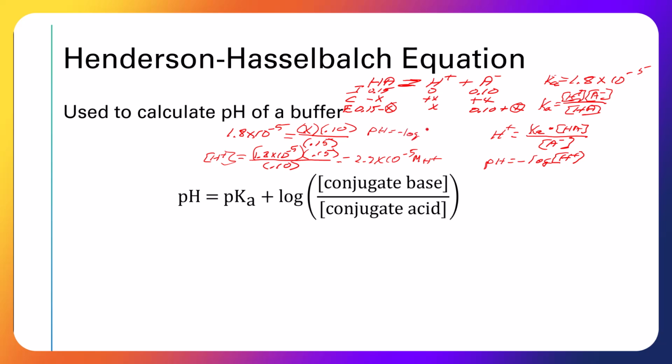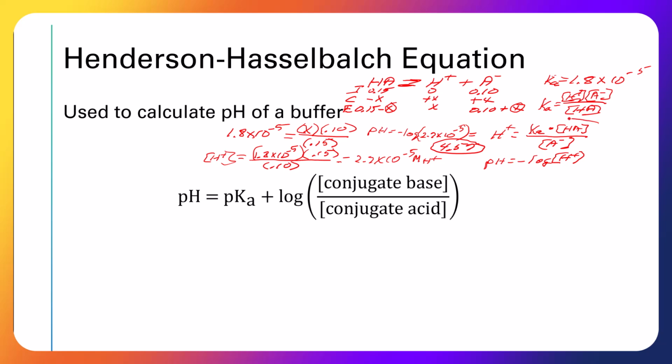We know that's going to be a little less than 5 of 2.7 times 10 to the minus 5, which gives us 4.57. Okay, so that gives us a pH of 4.57. So that's the long way around to solving for the pH of a solution.